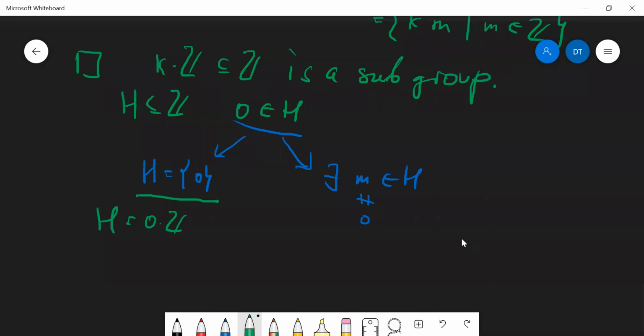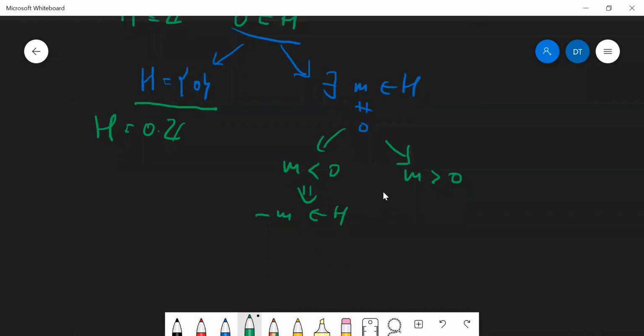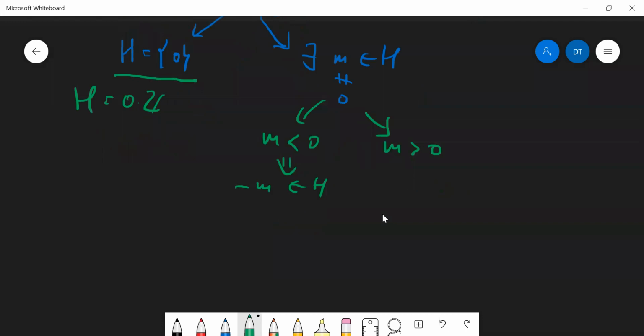Again, we have two options: either M is negative or M is positive, because now it's not 0. But if M is negative, then since H is a subgroup, the inverse of M must be inside H, so minus M must be inside H, and minus M is positive. So in the second case, we may assume that H contains a positive integer.